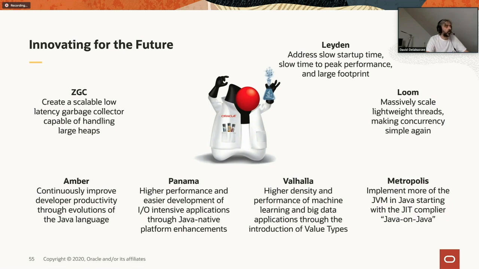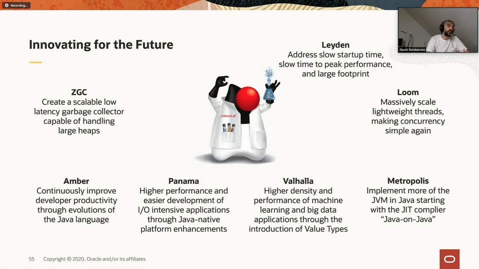Leyden tries to tackle those pain points by introducing the concept of a static image to Java, something similar to a GraalVM native image. Leyden aims to leverage existing components of the JDK, such as HotSpot, AOTC, which is an AOT compiler that we have had in experimental form since JDK 9, but also CDS and JLink.